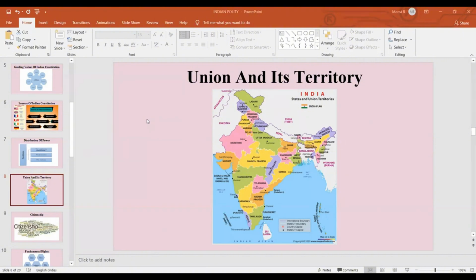Some part of it, called Karaikal, is in Tamil Nadu. Some part of it is in Kerala, called Mahe. And one part of it you will find in Yanam, that is in Andhra. So there are some portions in Andhra, some in Kerala, some in Tamil Nadu, and then Puducherry itself. So it's a scattered union territory. It's not at one place.